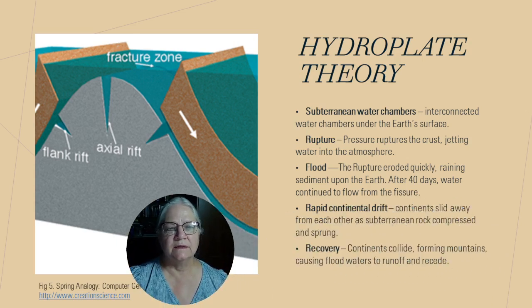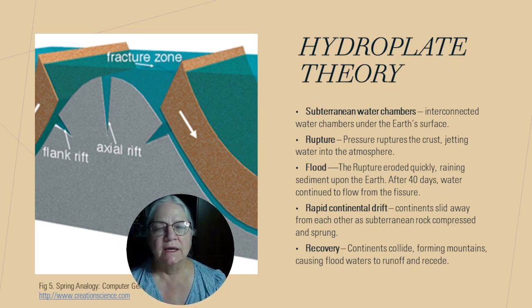So the hydroplate theory posits that there was an interconnected subterranean water layer underneath the Earth's crust, about 10 miles underneath, and pressure was building up in the mantle and stretching it like a balloon until it finally just ruptured all along the mid-oceanic ridge, and all that water under pressure jettisoned up into the atmosphere and rained back down as rain.